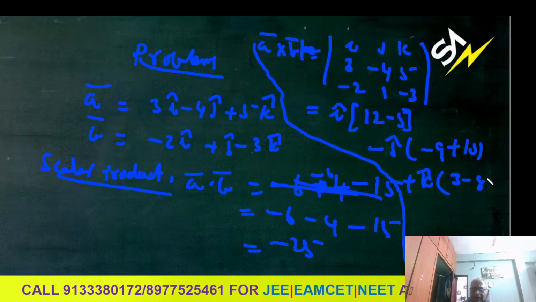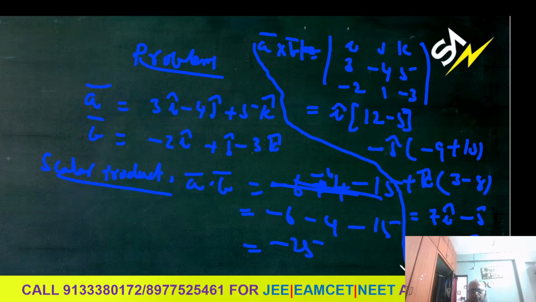So the answer is 7i minus j minus 5k. This is the answer for the cross product.